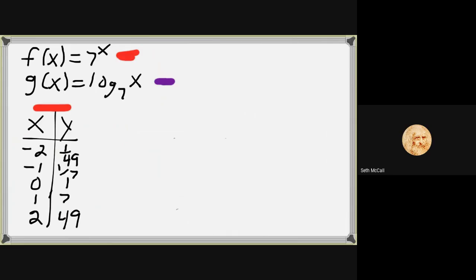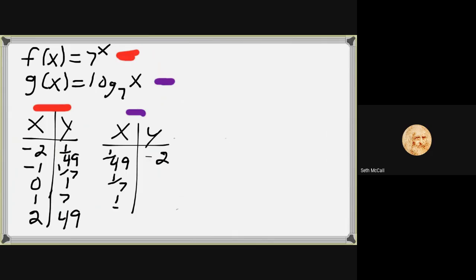I'm simply going to come up with another table, x and y, but I'm going to reverse all of the x's and the y's. So I'm going to have 1 over 49, then 1 over 7, then 1, then 7, 49, and then -2, -1, 0, 1, and 2.